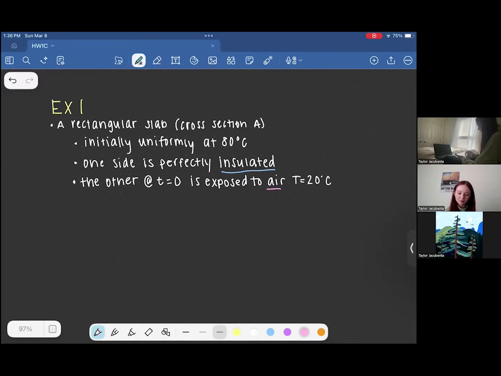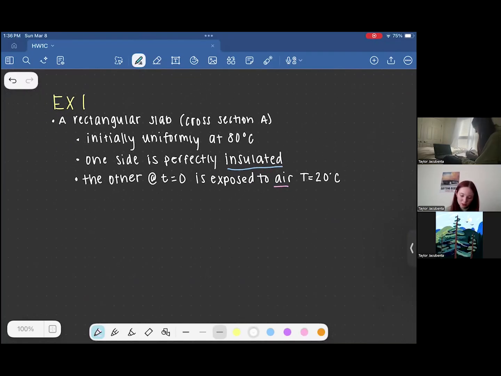So we have one side that is perfectly insulated. So here we're going to draw this out. And it looks like I am struggling a bit to draw this out. So this is the side of our cross-sectional area A, and this is going to be the side that is perfectly insulated.